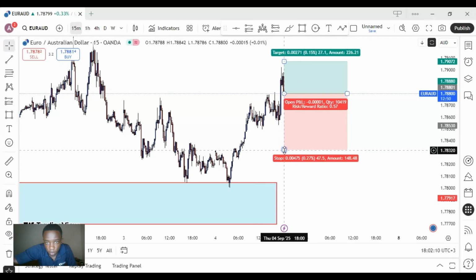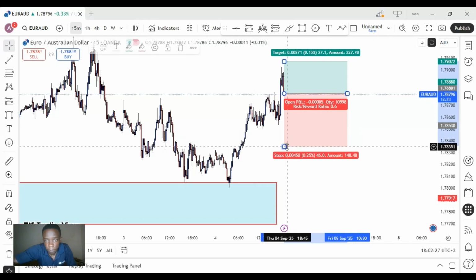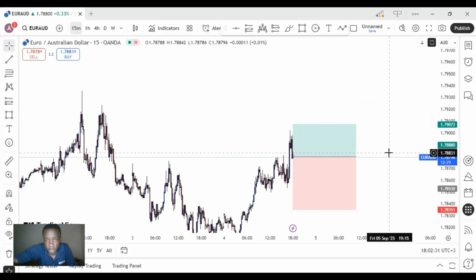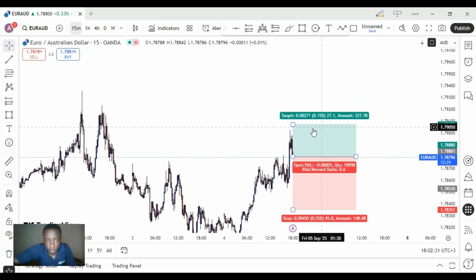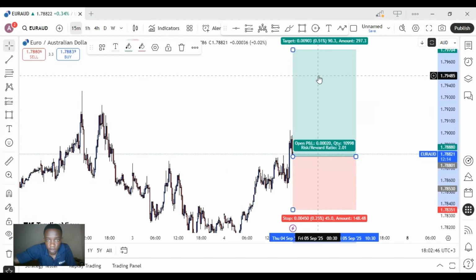If this is our previous low, which is 30 pips, we should give it a breathing room of 10 to 15 pips, around 45 pips right over there. And then our target should be right this side, with a 1 to 2 risk to reward ratio. If we have that, then we should be good to go.